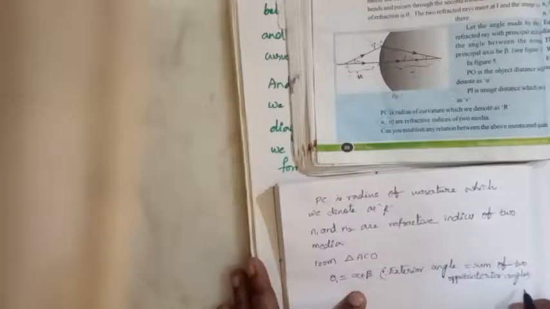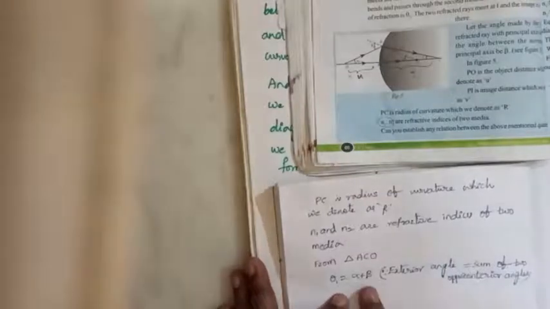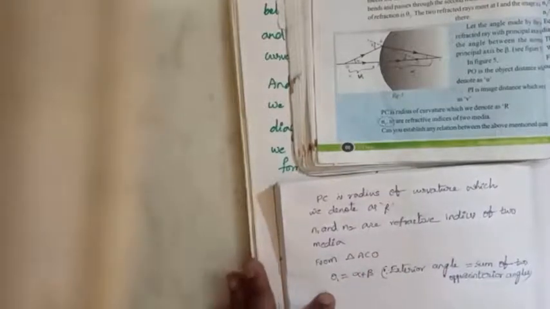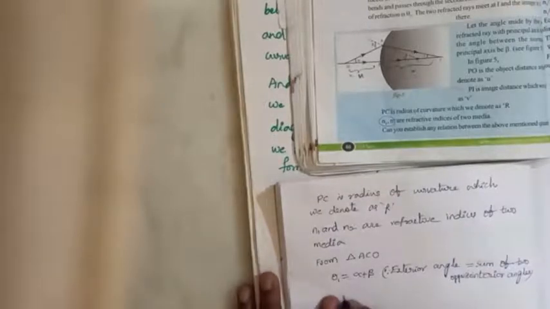Since the exterior angle is equal to the sum of two interior angles, like that I am taking from the figure. So from triangle ACO we get theta 1 is equal to alpha plus beta.